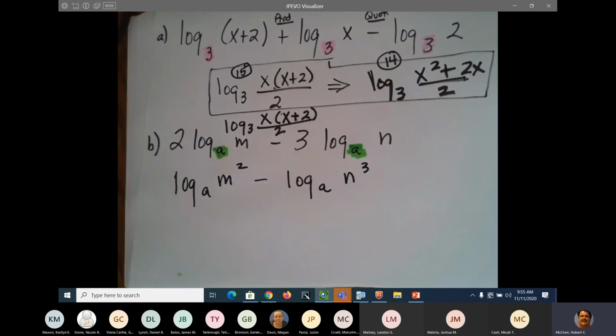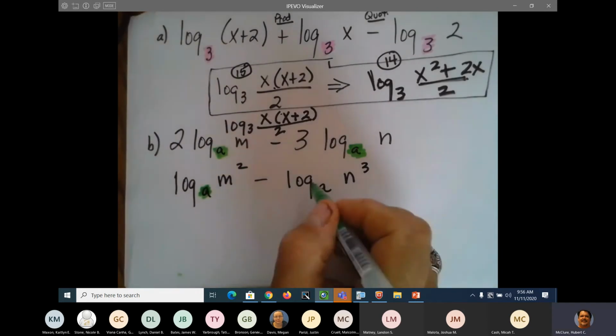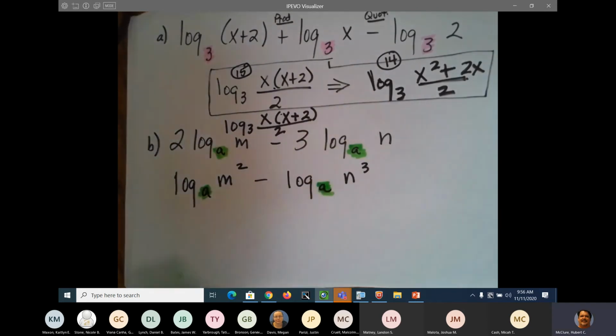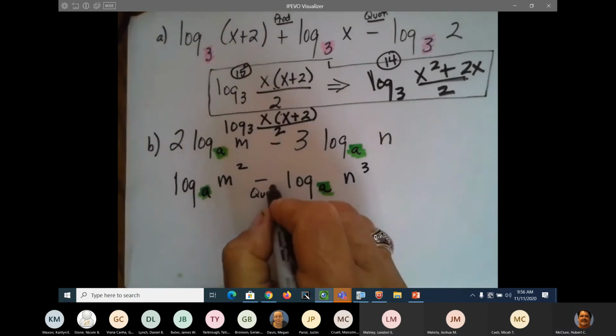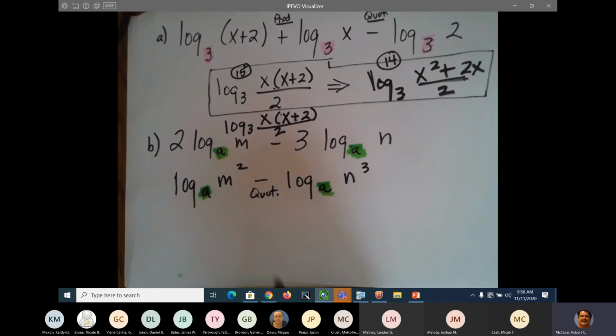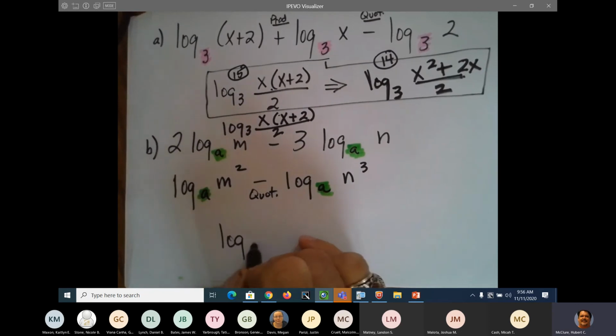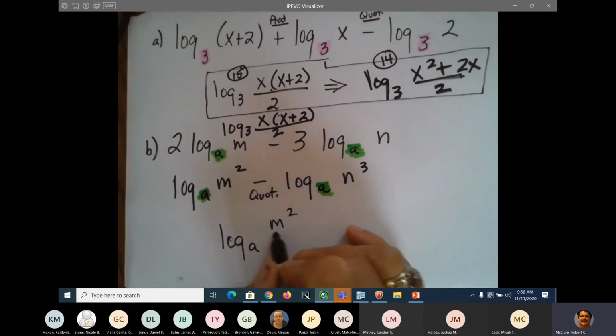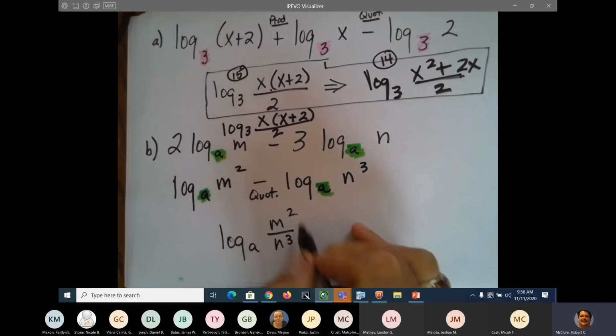Now I have the same basis and nothing in front. So I'm going to use the quotient rule. And I'm going to say log base A of m squared divided by n to the third.